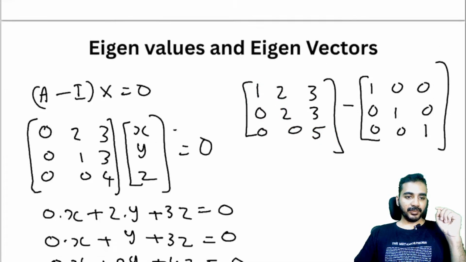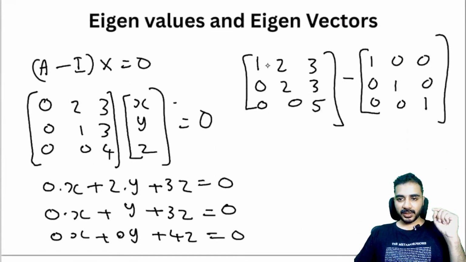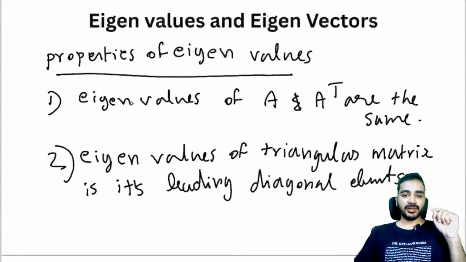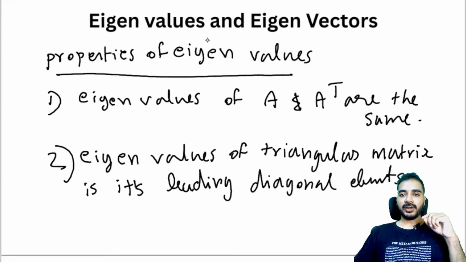In the previous example, after equating the determinant to 0, we got lambda equal to 1, 2, 5, which is nothing but the diagonal elements here. So that's the second property: the eigenvalues of a triangular matrix are its leading diagonal elements. This is the second property one has to remember.